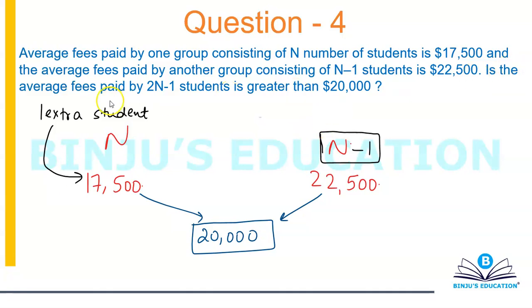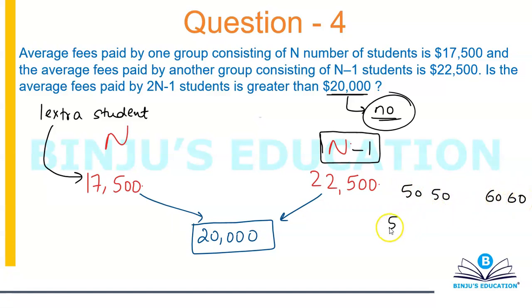So is the average fees paid by 2n minus 1 students greater than 20,000? Your answer is no. It is actually less than 20,000. You can relate this to two people weighing 50 each and two people weighing 60 each, so your average is 55.